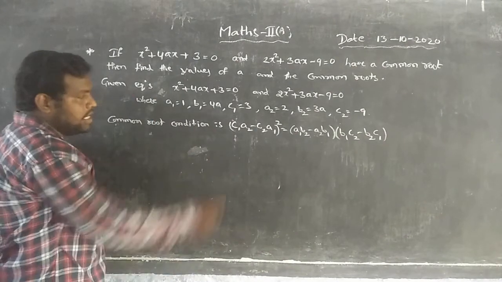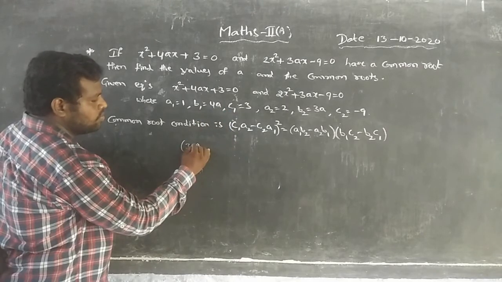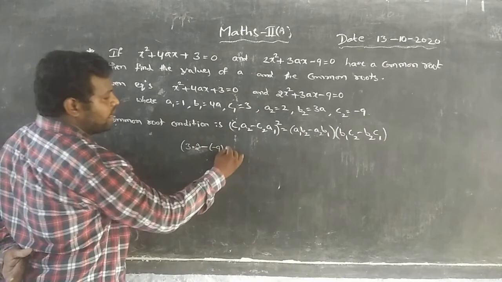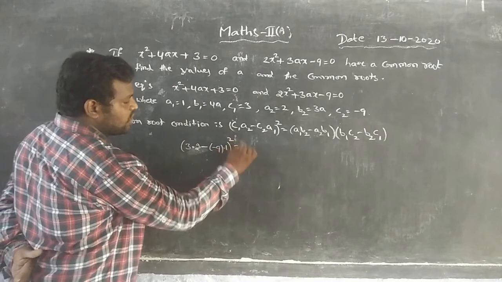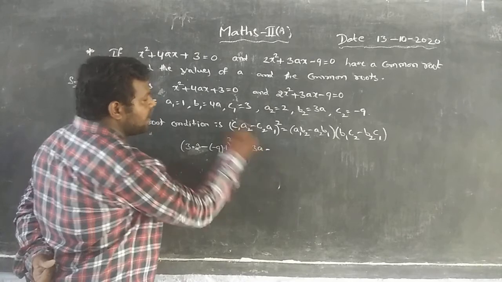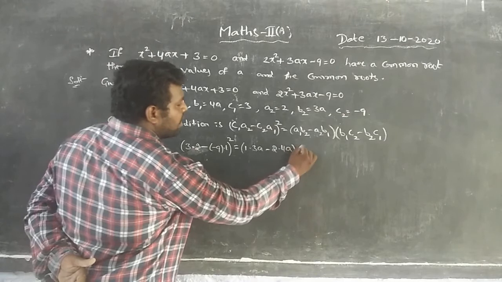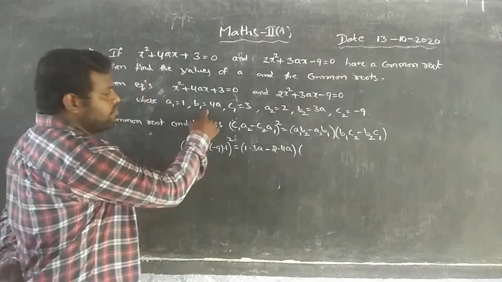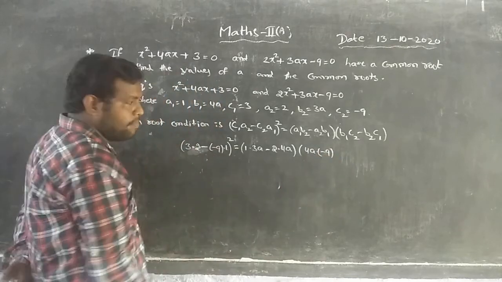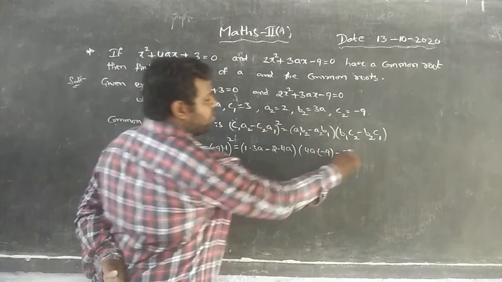In this condition, what is the value of c1? 3, a2 is 2, minus c2 minus 9 into a1 1, whole square is equal to a1 1 into b2 3a minus a2 2 into b1 4a, into b1 4a into c2 minus 9 minus b2 3a into c1 3.